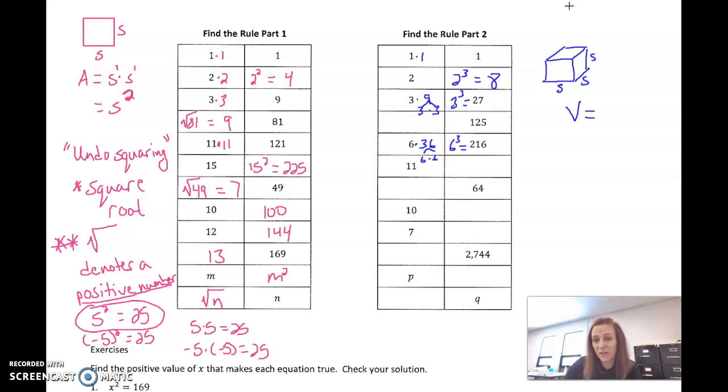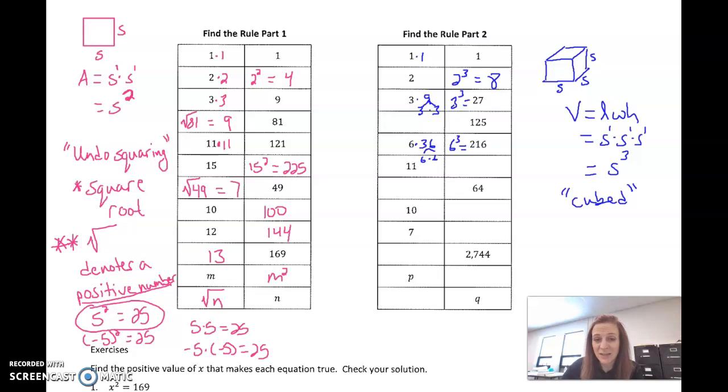So volume of a cube, normally volume is length times width times height. And if they're all the same, notice I have 1, 2, 3 s's here. That becomes s to the third power. So we say cubed. When something is to the third power, we say cubed.